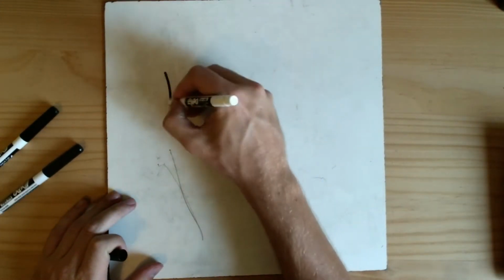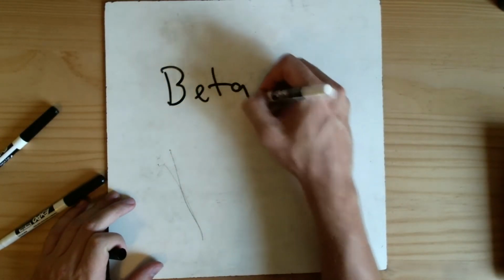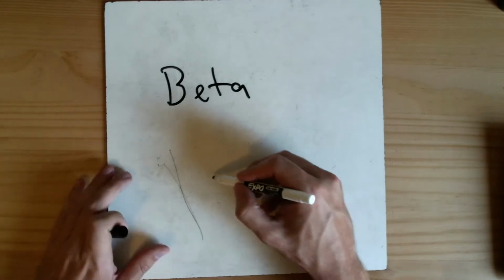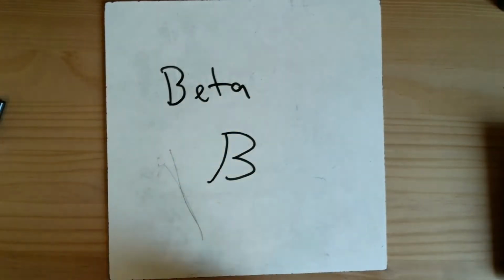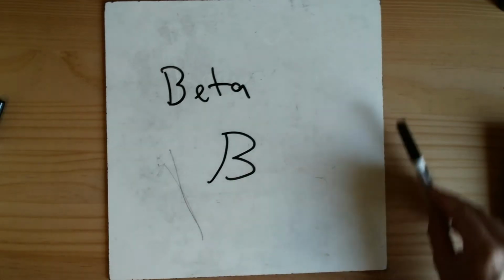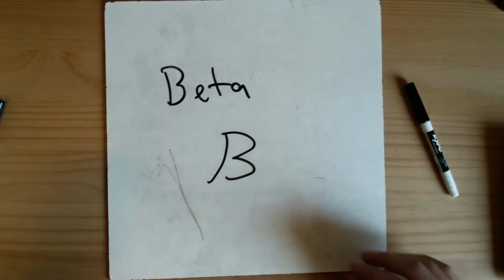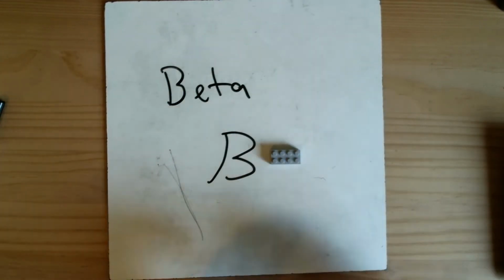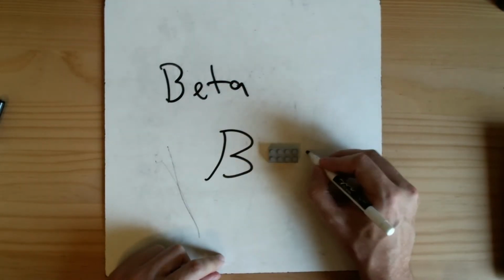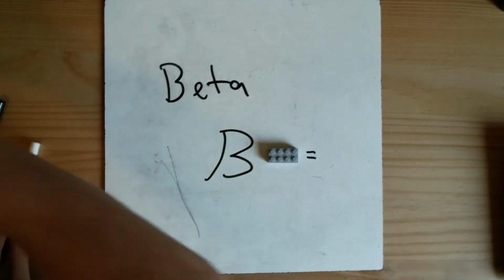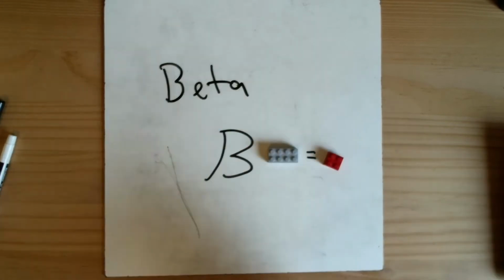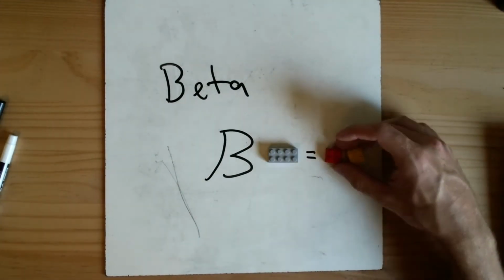And so we're going to be looking at beta decay, which is represented by the Greek letter that looks just like a big B. In beta decay, what happens is that what used to be a neutron, and remember, neutrons have no charge, neutrons are really just a combination of a positive proton and a negative electron.